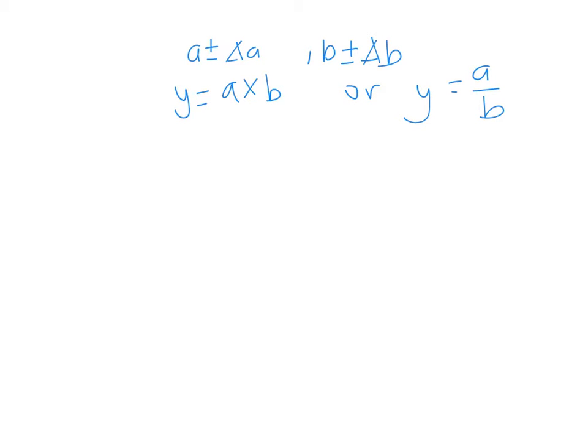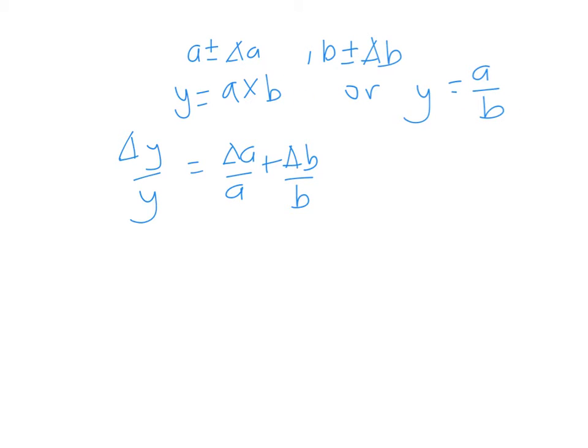And how you will do that is to add up their fractional uncertainties or percentage uncertainties. For example, here you would write delta Y over Y equals delta A over A plus delta B over B.